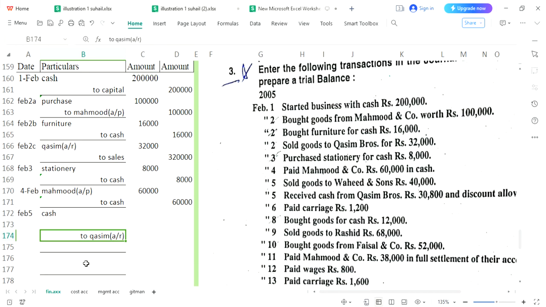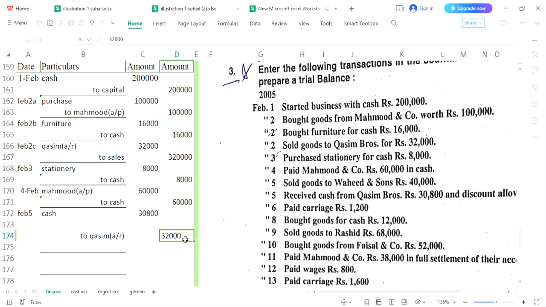How much amount have you received from Qasim? On February 5, you can see we have received 30,800. So put 30,800 on the debit side. How much total amount was receivable from Qasim? Here you can see this is your Qasim. The total amount receivable from Qasim was 32,000, so put 32,000 on the credit side.